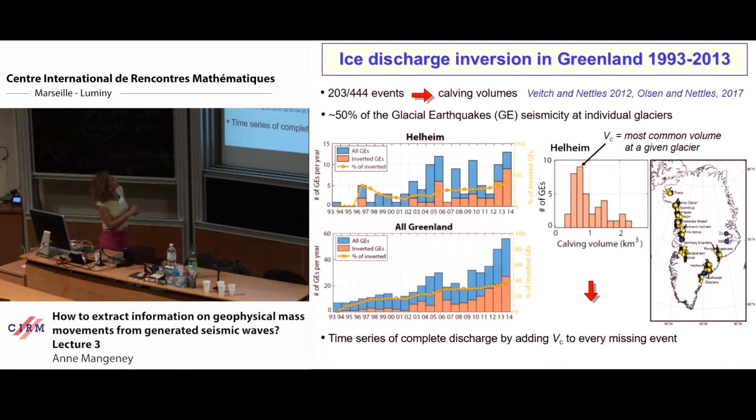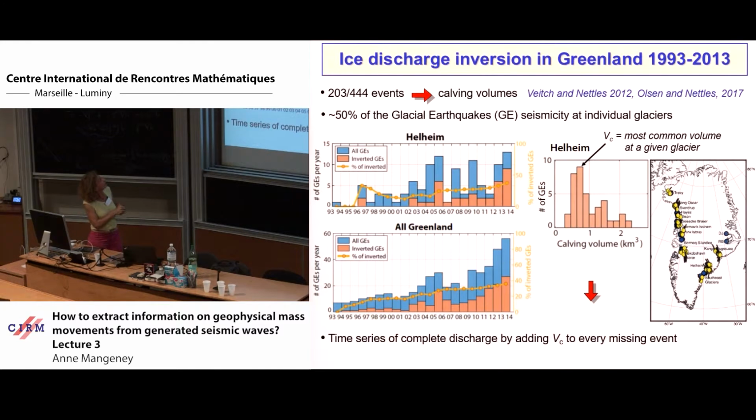So when we have this number of events, we have about 50% of the glacial earthquake seismicity at each glacier that we can analyze. Here you have the number of events as a function of the year, from 1993 to 2014.